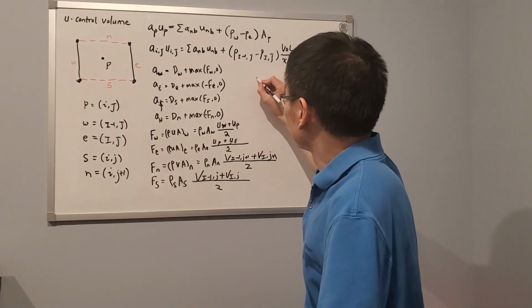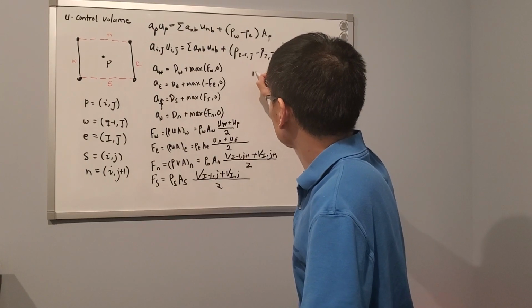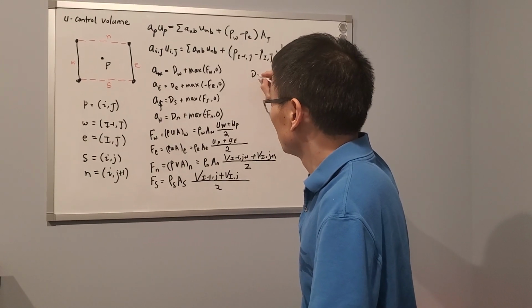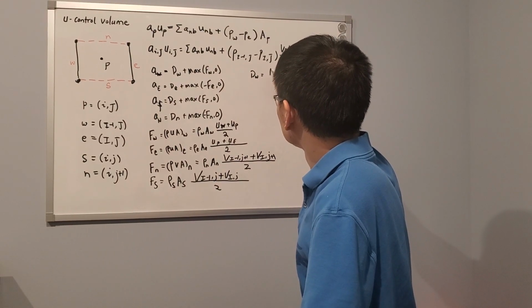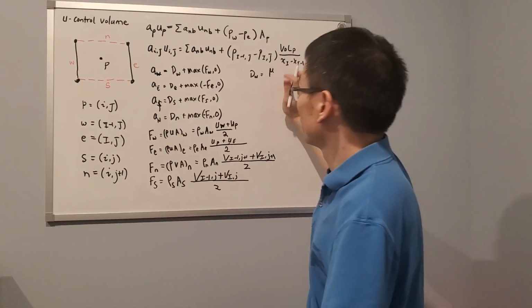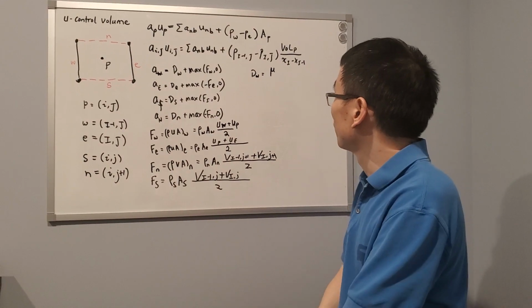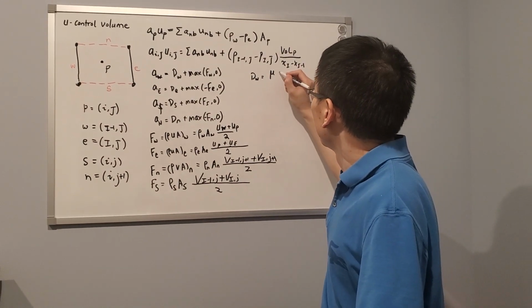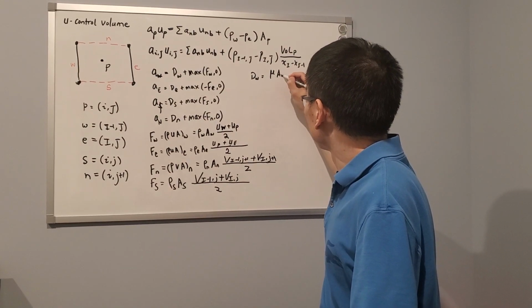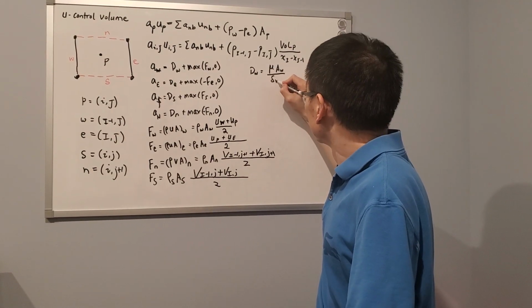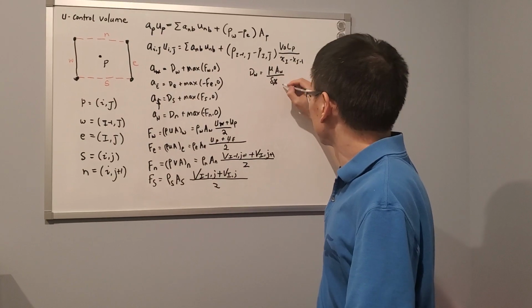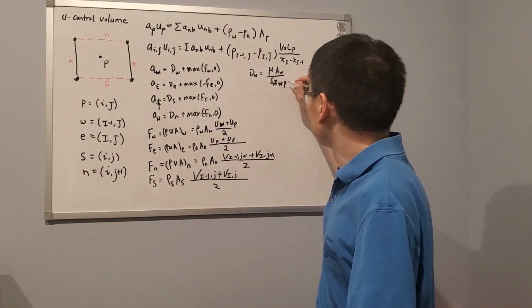Now, what remains is to compute the D coefficients. So let's start from dW. dW will be, by using the diffusion coefficient for the U momentum equation, the viscosity times the area of W divided by delta x, the distance between W and P point.